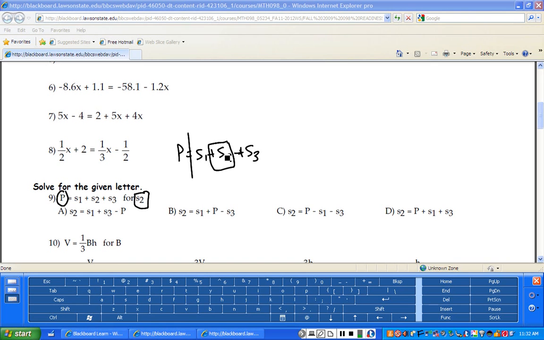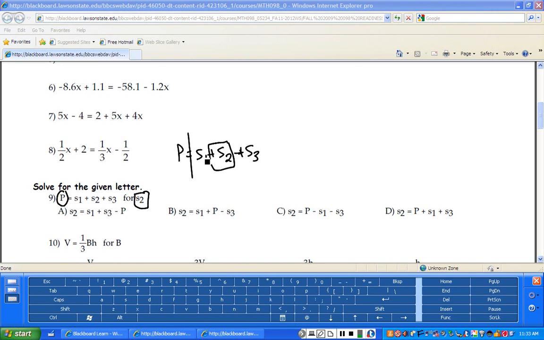So if I want to get this S2 by itself, then that means I got to get rid of this S1, and I have to get rid of this S3. Now because S1 and S3 are detached from S2, because there's a sign in between what we want and what we're trying to move, then we use addition and subtraction.